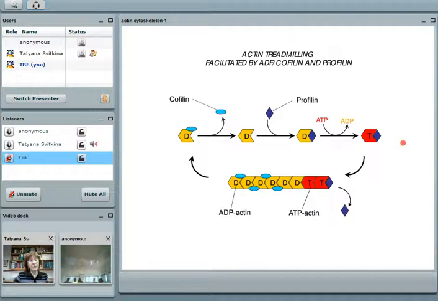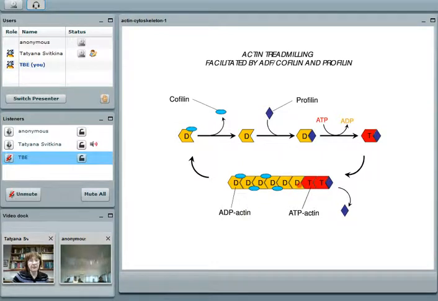Now, having just these two additional proteins, we can build a machinery which would accelerate treadmilling in cells. If we have pre-existing actin filaments, what is added is the actin-profilin complex, and it cannot be added here, so it is added preferentially to the barbed end.